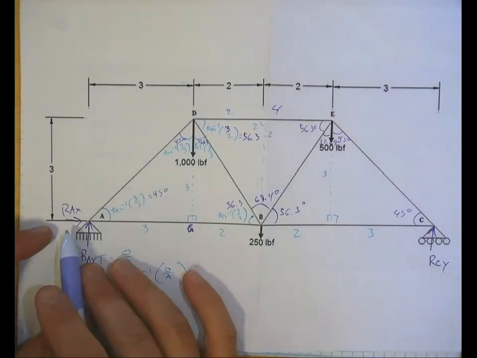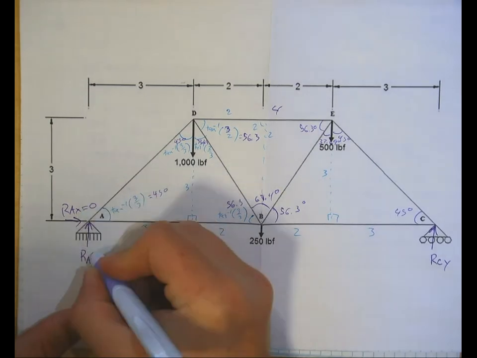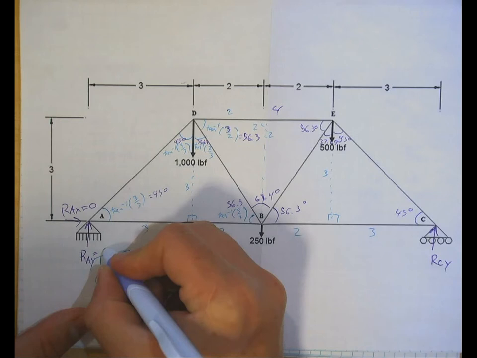RAX is 0 because there are no other forces; it has to sum to 0, therefore it's 0.